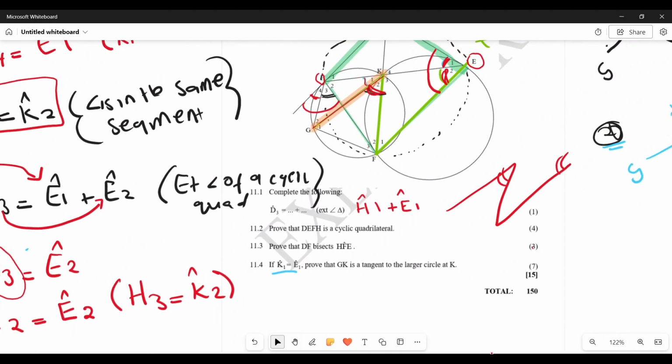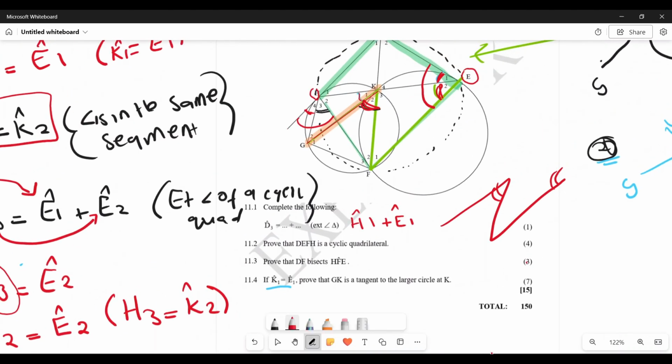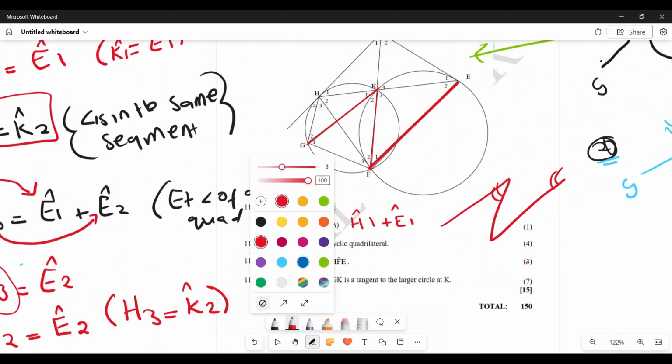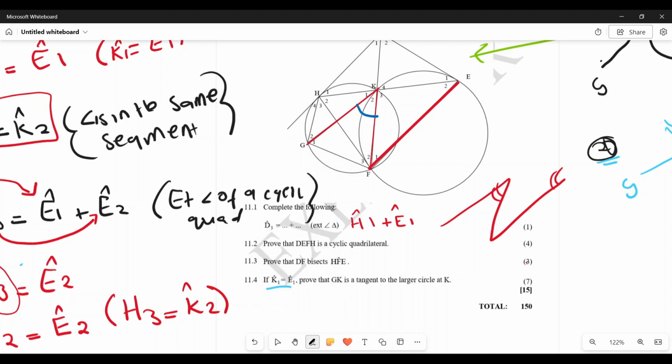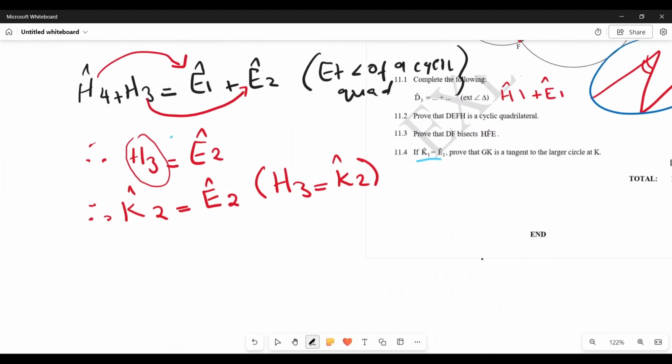So now let me erase everything here so that you can see what I mean. I'm saying I've proved that K2 is equal to E2, which is your Z shape, your tan chord. Therefore, you can conclude that GK is going to be a tangent. And why is that? Tan chord theorem.